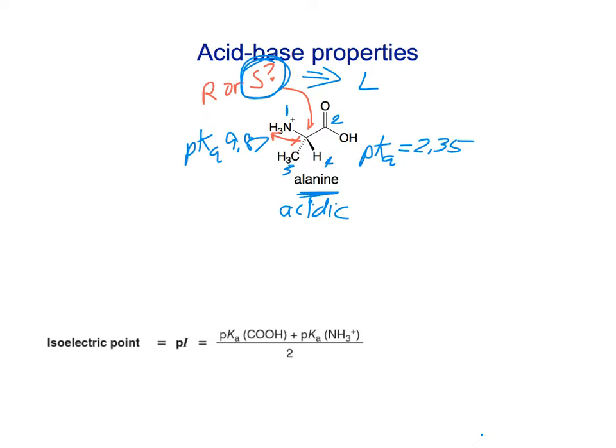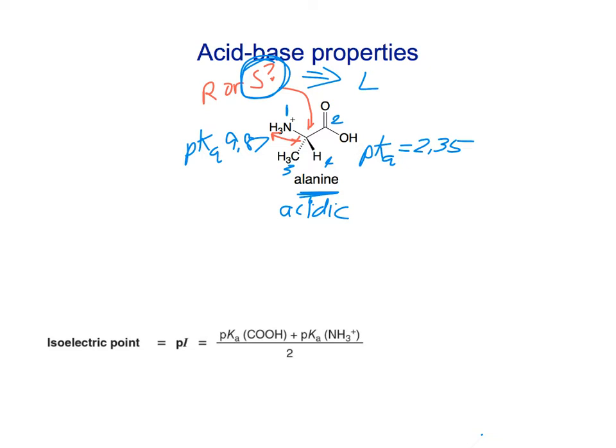Okay? So let's just consider, if we wanted to generate this form, this ion, in this form right here, what type of pH would we need to have? Huh? Yeah, this one right here. How low?